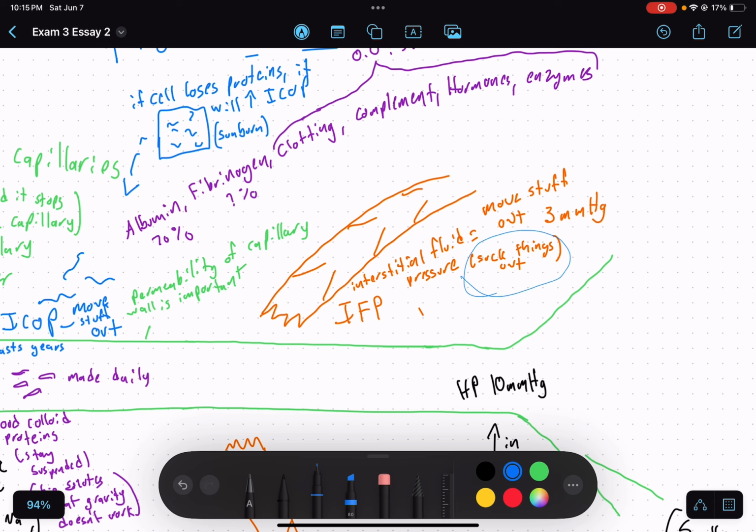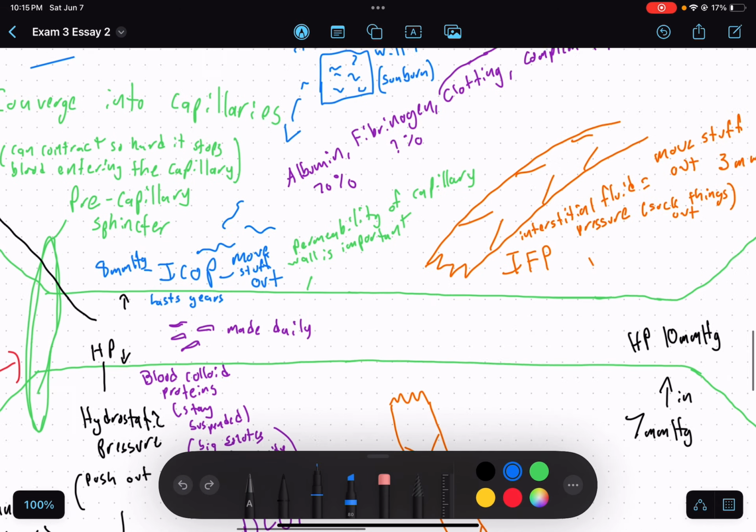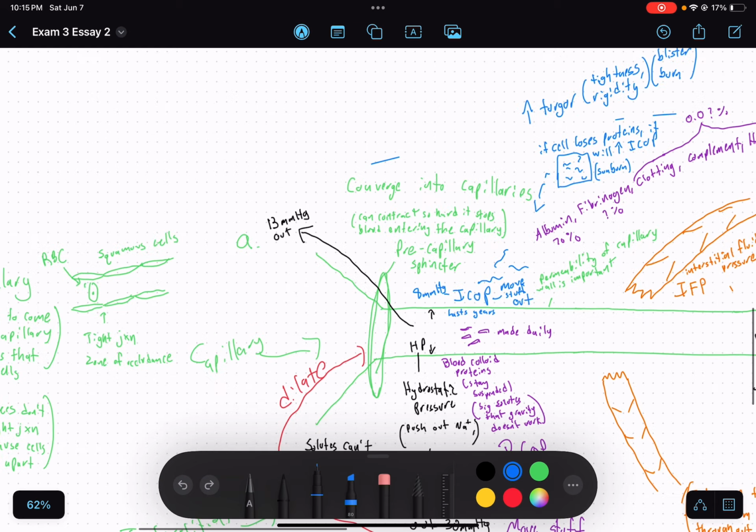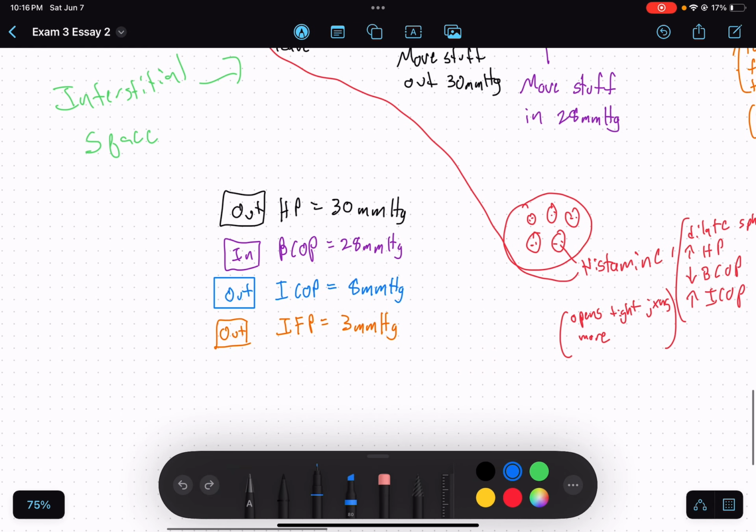So it sucks things out. And that's going to have a pressure of about 3 millimeters of mercury. And as we add up all of our pressures here, we're going to end up with about 13 millimeters of mercury moving out.